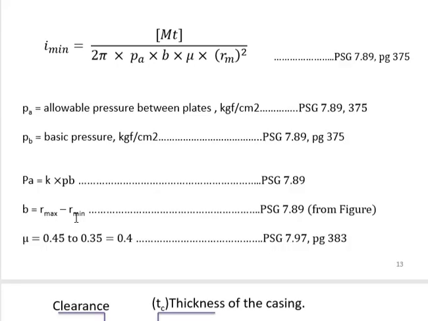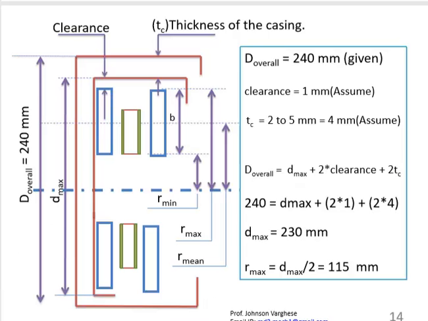For coefficient of friction with respect to asbestos, the range lies from 0.45 to 0.35 as given in the PSG design data book 7.97. So I select 0.4. Now in this particular figure we'll try to find out R minimum and D max.